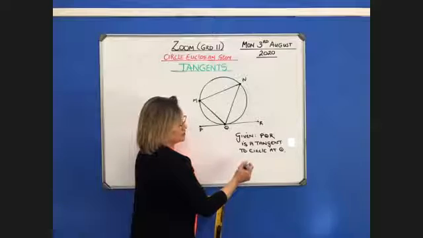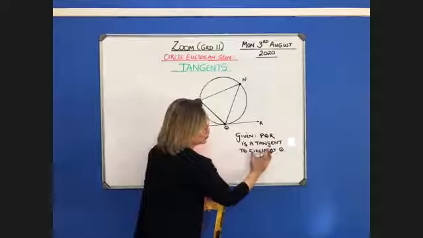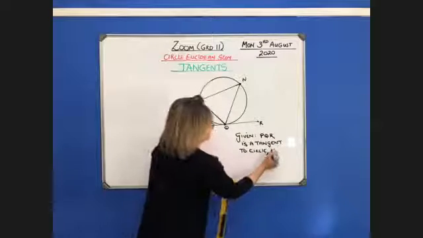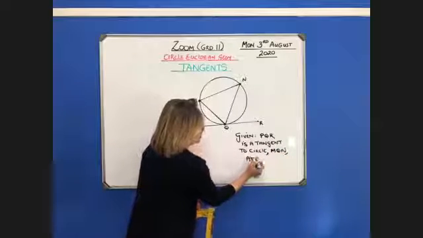They might just say, given PQR is a tangent to the circle MQN at Q.